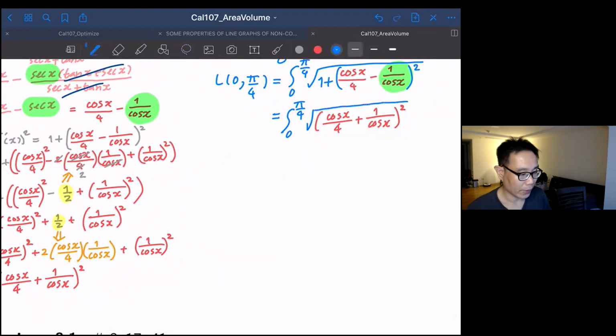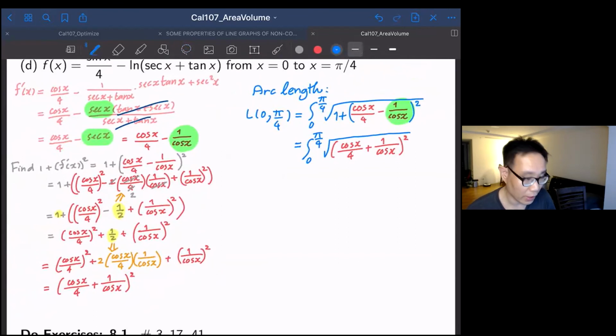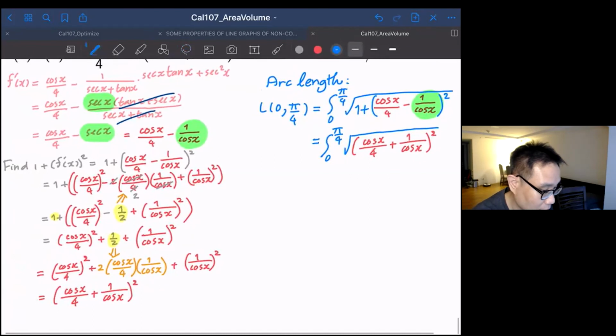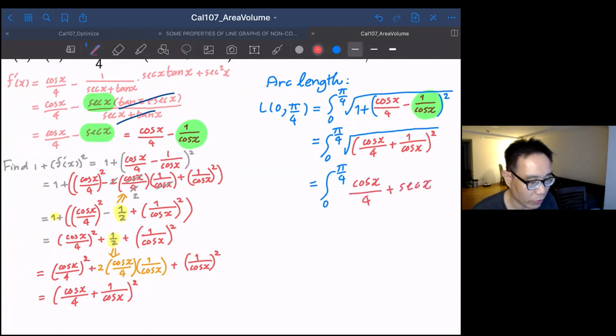Okay, and you see, I have everything set up nicely like this. And then you see that it's not hard to integrate right now. So it's going to be integrating 0 to pi over 4. And you see that you have only the red guy inside left. And 1 plus cos is going to be sec x. Okay, so 1 plus cos x is secant x.